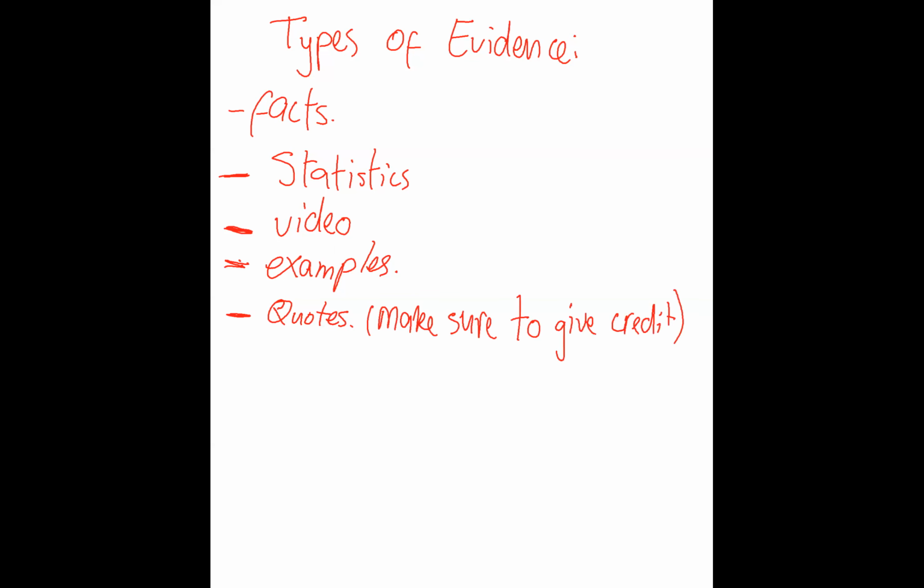And finally, we have anecdotes. And an anecdote is just a personal story. So if something has happened to you that has to do with the topic you're writing about, you can use that personal story as evidence.